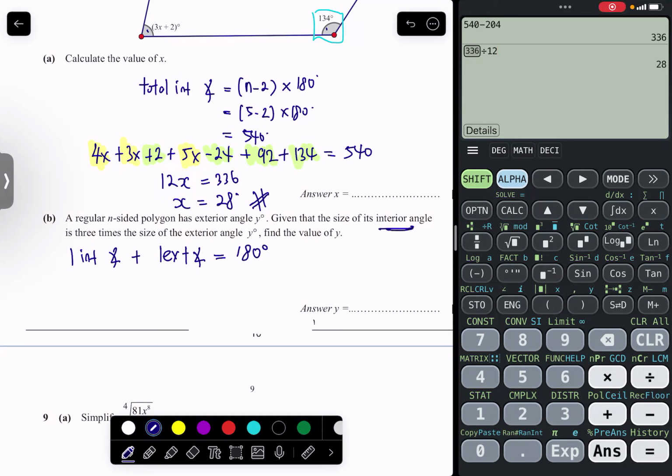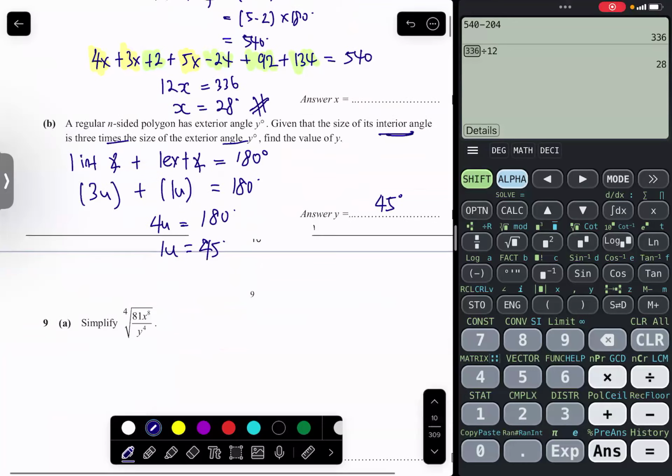If the interior angle is 3 times the exterior angle, the interior is 3 units and the exterior is 1 unit, totalling 180. Then 4 units equals 180, so 1 unit equals 45 degrees. That's all. Simple.